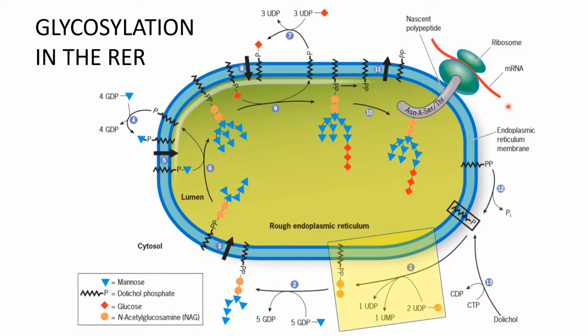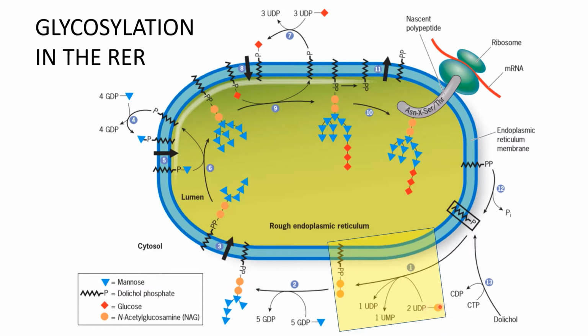Okay, so first, we have a molecule called a dolichol phosphate. The dolichol phosphate is a resident molecule in the membrane of the rough endoplasmic reticulum, meaning to say it's always there. Okay, and take note what's happening here. Through a reaction from uracil diphosphate. Okay, so this is uracil diphosphate, so very similar to your ADP in structure.